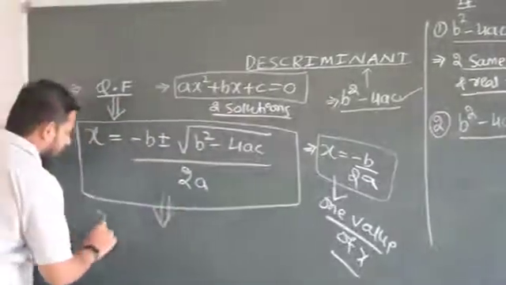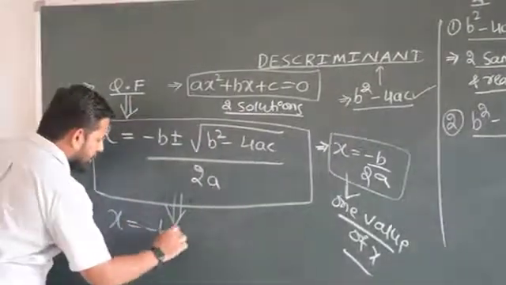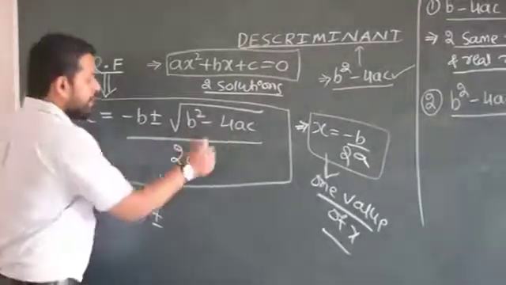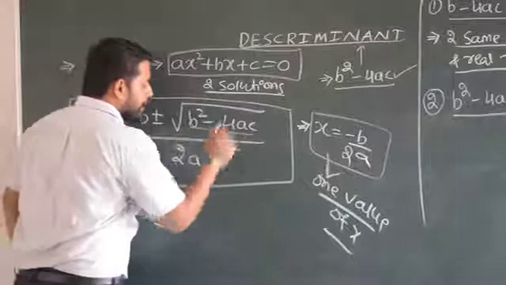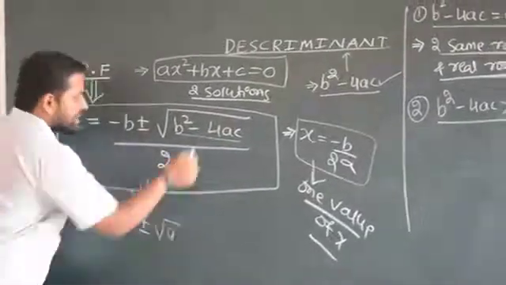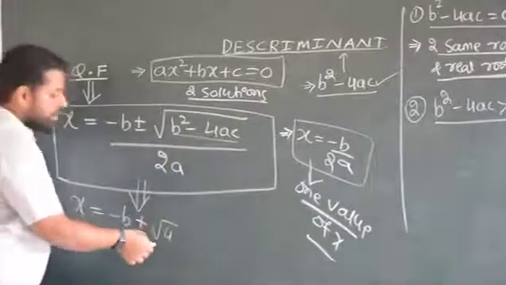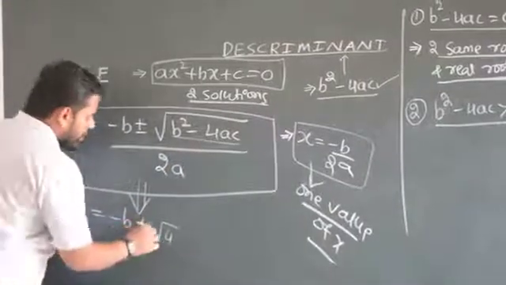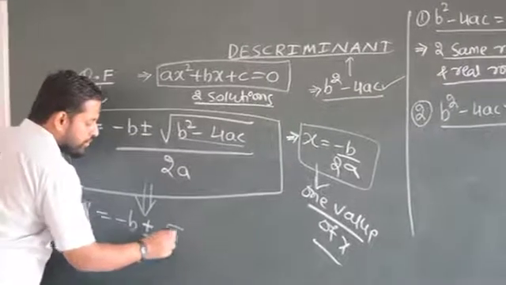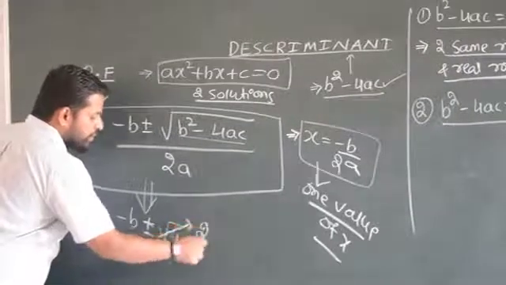Now x is equal to minus b plus or minus under root b square minus 4ac. Whatever I get for b square minus 4ac, if it is greater than 0, for example, if I get root 4, greater than 0 means 4 is an example, no? Then I am going to have plus or minus 2. What is the meaning of this root 4?